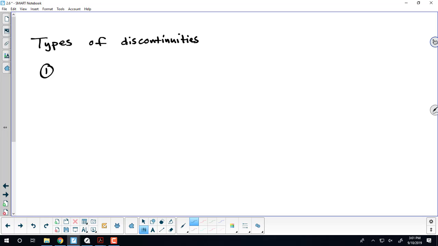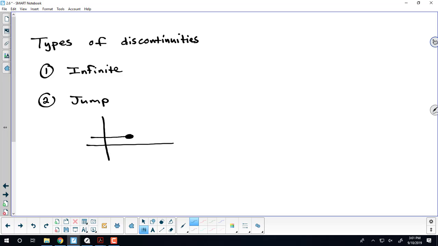So there's three of them. We have infinite discontinuities, and those are like vertical asymptotes. There's jump discontinuities, when your function jumps. Like that.